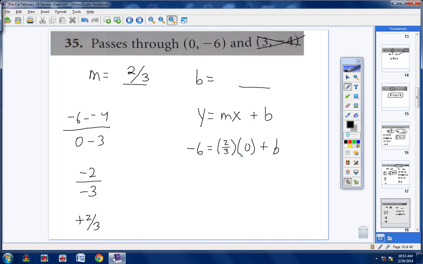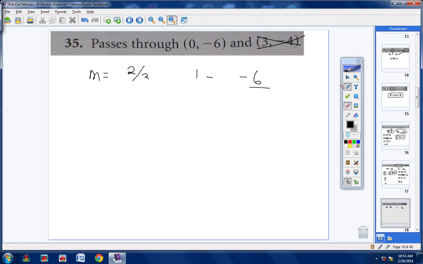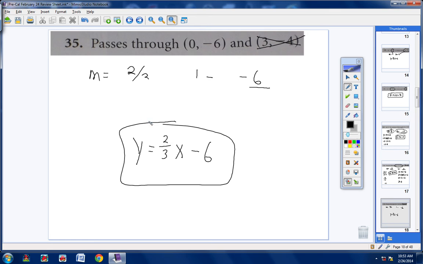Well, 2/3 times 0 is just 0, and 0 plus b is b, so -6 equals b. So I found my y-intercept, -6. And now I'm ready to write my linear equation. So my linear equation is going to be y equals 2/3 x minus 6.